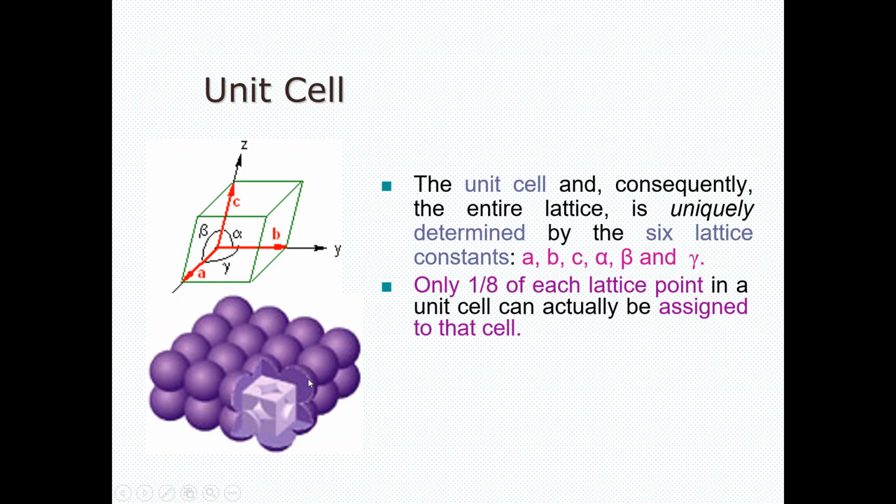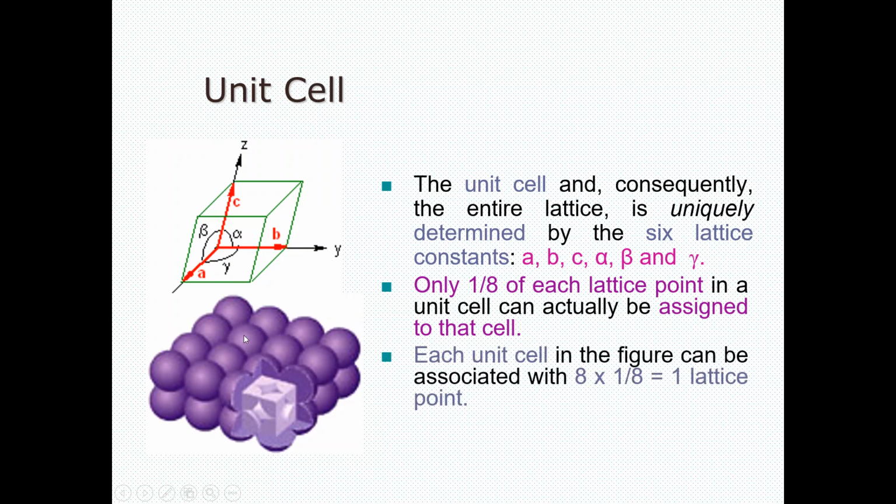So only 1/8 of each lattice point in a unit cell can actually be assigned to that cell. Here you can see a particular unit cell, a cubic unit cell. This is a lattice point, this is a lattice point, this is a lattice point. So only 1/8 of each lattice point can be assigned to that cell.